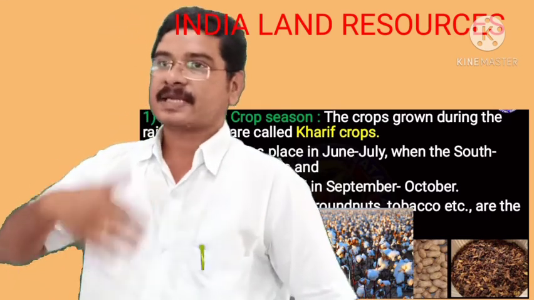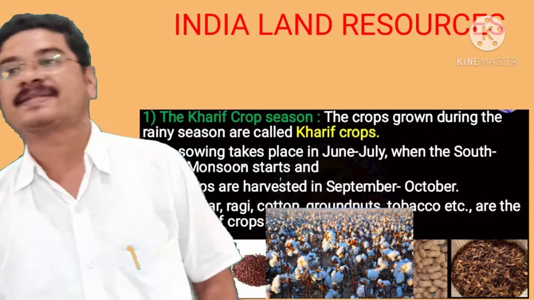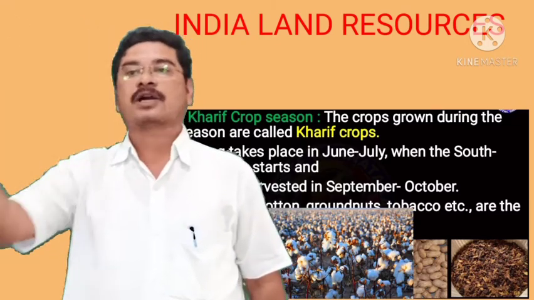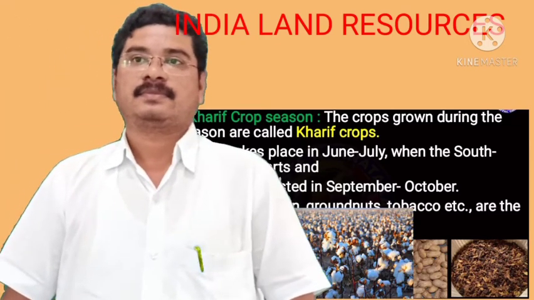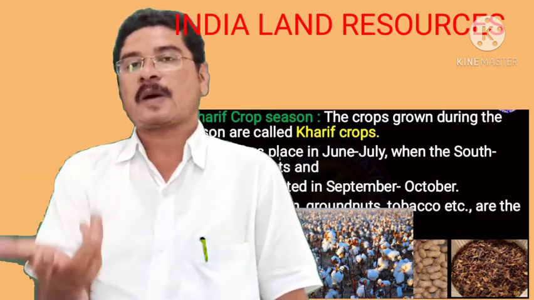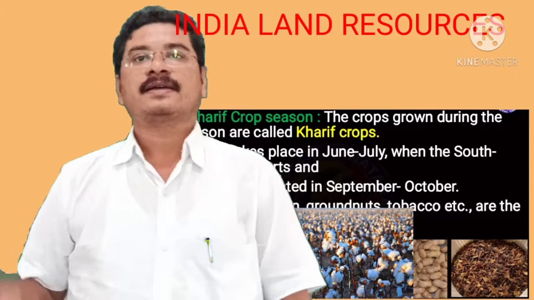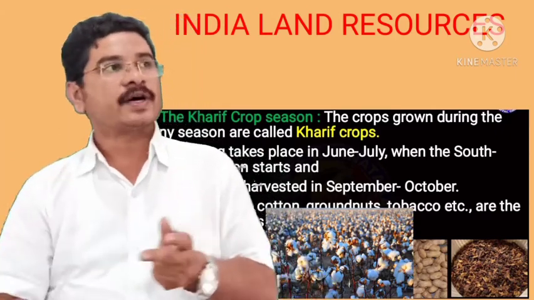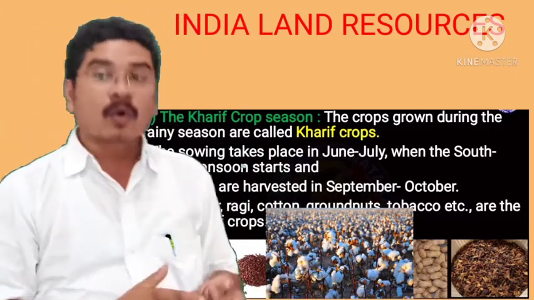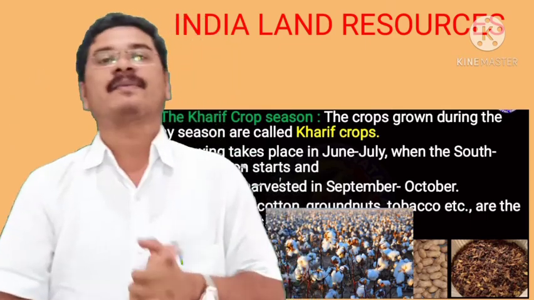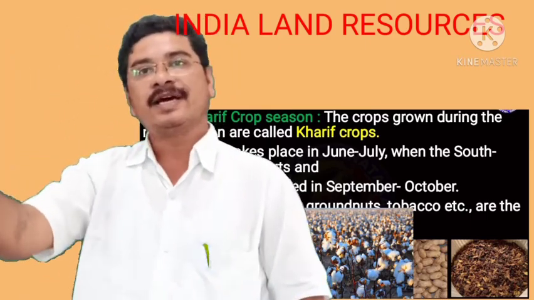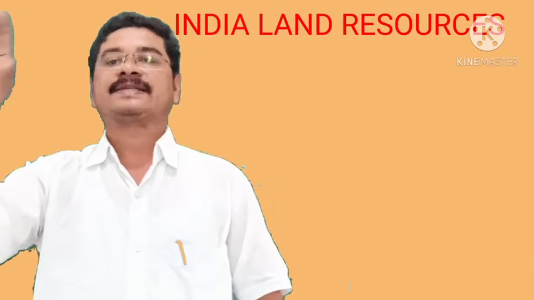Kharif crops are harvested in September and October. What are the important crops grown in the Kharif season? Rice, jowar, ragi, cotton, groundnuts, tobacco, etc. are the main crops grown during the Kharif season.